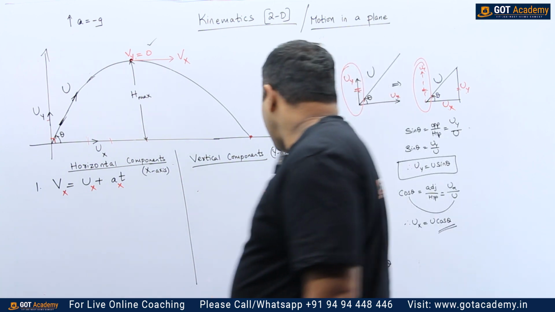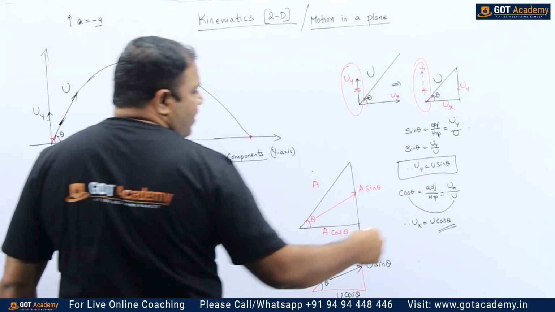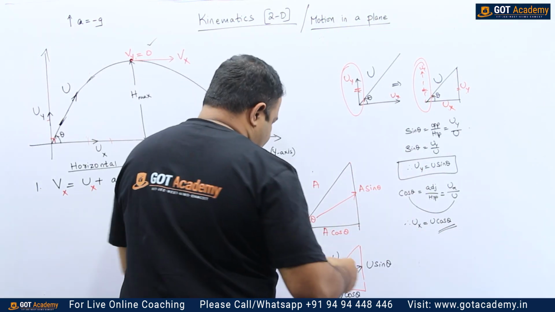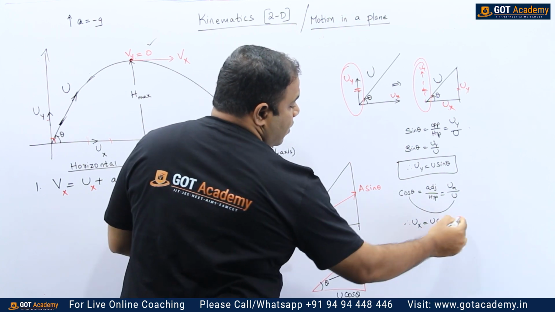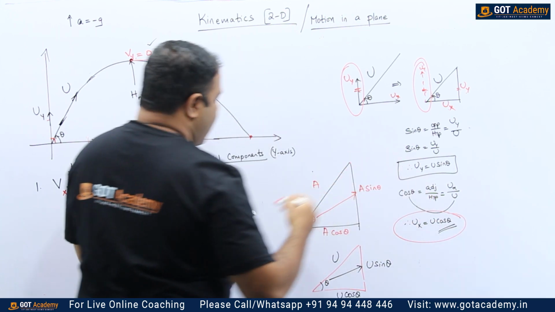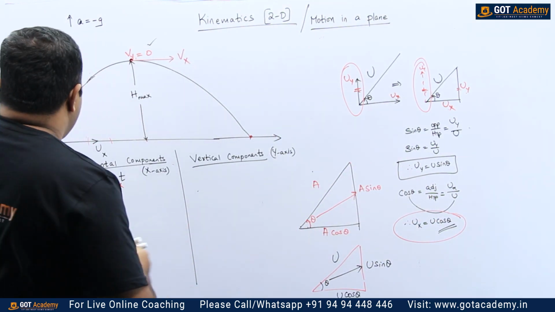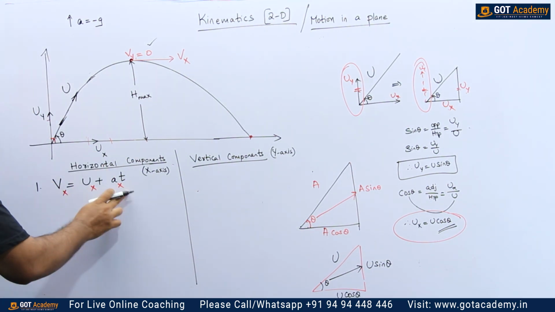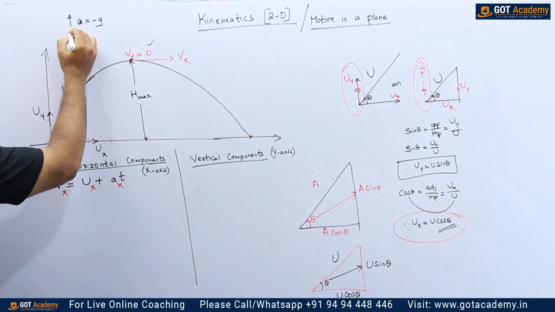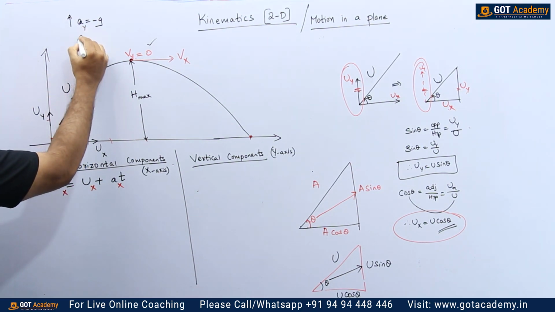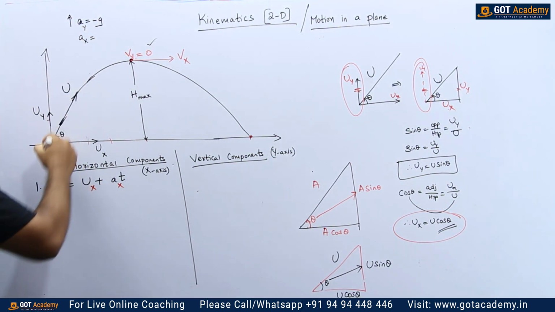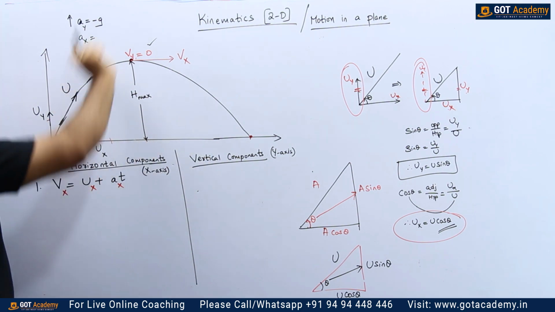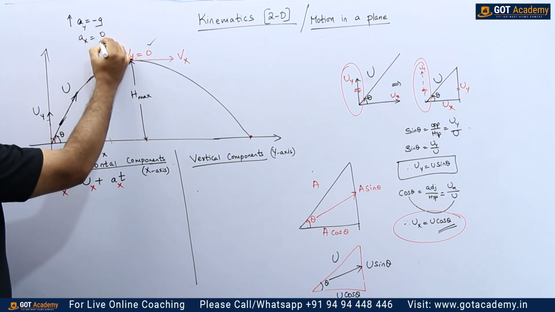Clear? So if you observe carefully everything, you are getting this ux as u cos theta, whereas uy as u sin theta. So now let me substitute each and everything. Okay. And what about the acceleration? Up in the sense this is y-axis. Then what about x-axis? In x-axis nothing is there because you are projecting in upward direction. So in x-axis it is 0.